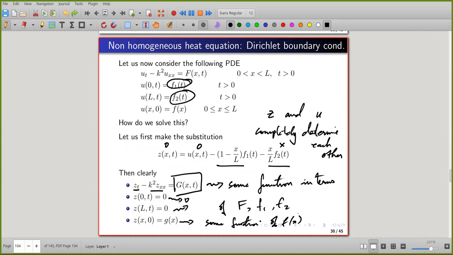So let's put t equal to 0. So z(x,0) is equal to g(x), and g(x) is equal to u(x,0), that's f(x), minus (1 minus x/L) f1(0) minus (x/L) f2(0).